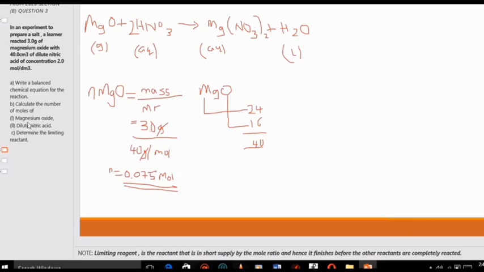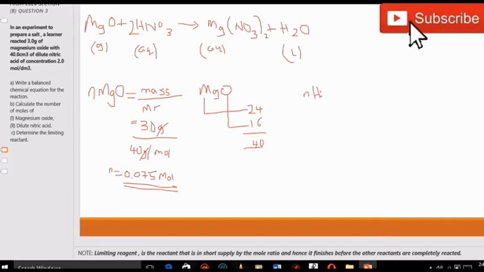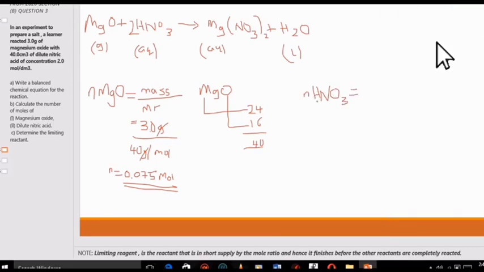Okay, so part (ii) is saying dilute nitric acid. For nitric acid, the formula is this one. So the number of moles for dilute nitric acid.